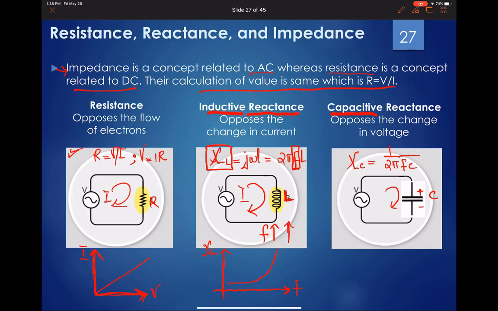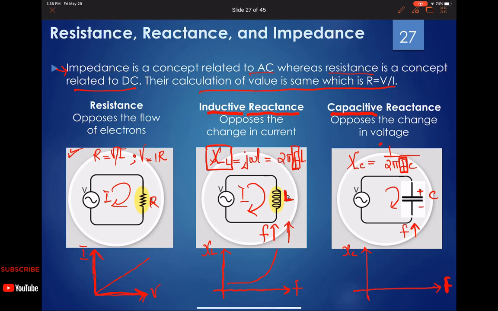Again, if you look at the relationship between the capacitive reactance and the frequency, as the frequency increases, because it's in the denominator over here, the numeric value of the denominator is going to increase.